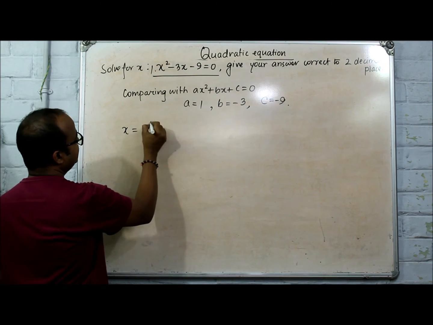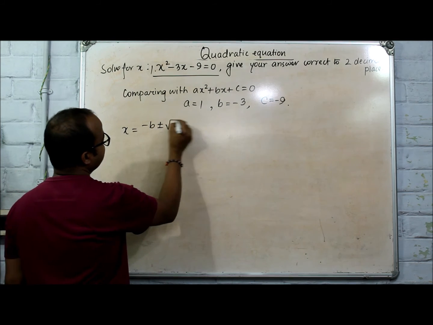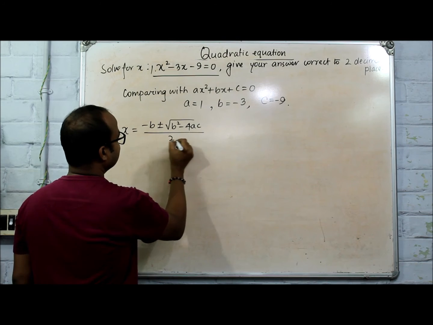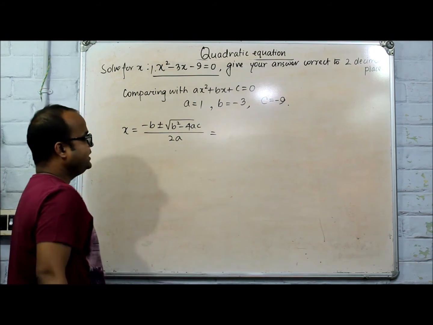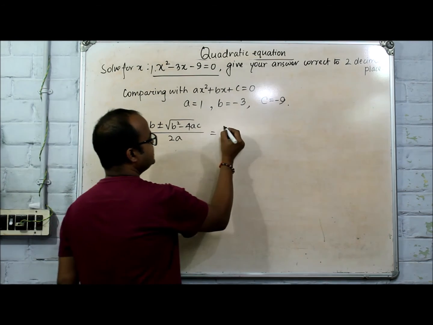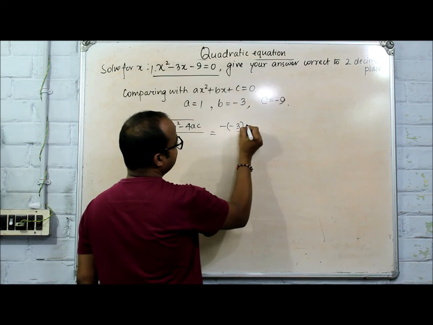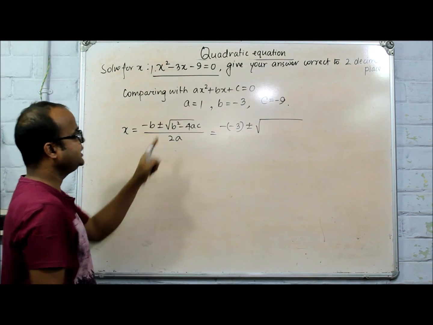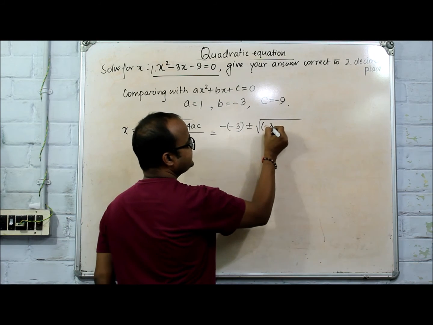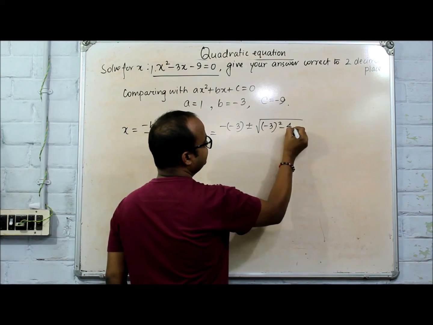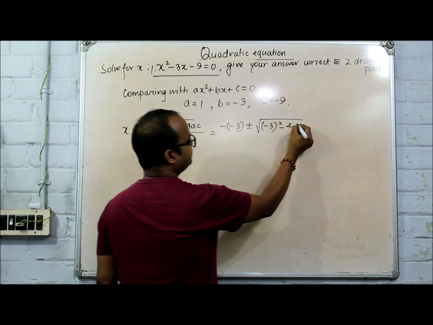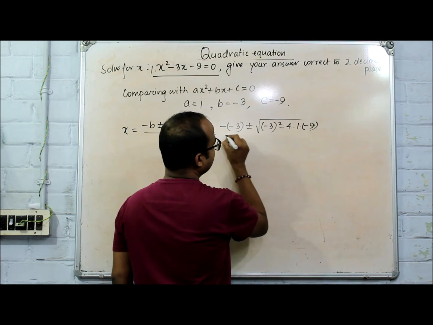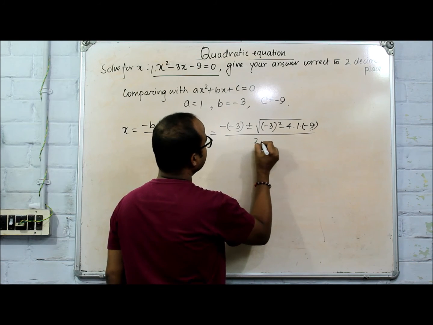x is equal to minus b plus minus square root of b square minus 4ac by 2a. Minus b, that means minus of minus 3, plus minus square root of b square, that is minus 3 square, minus 4 into a, value of a is 1, c is minus 9, by 2 into a.